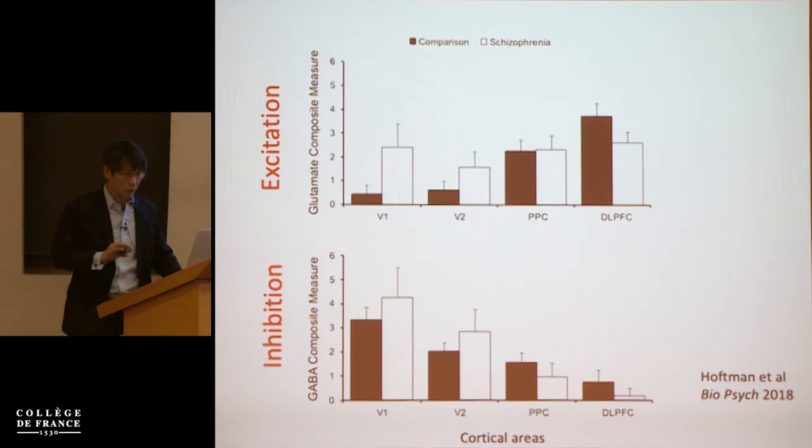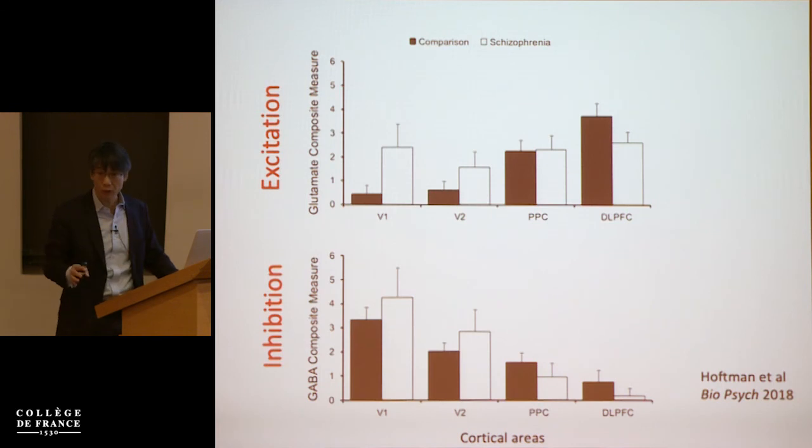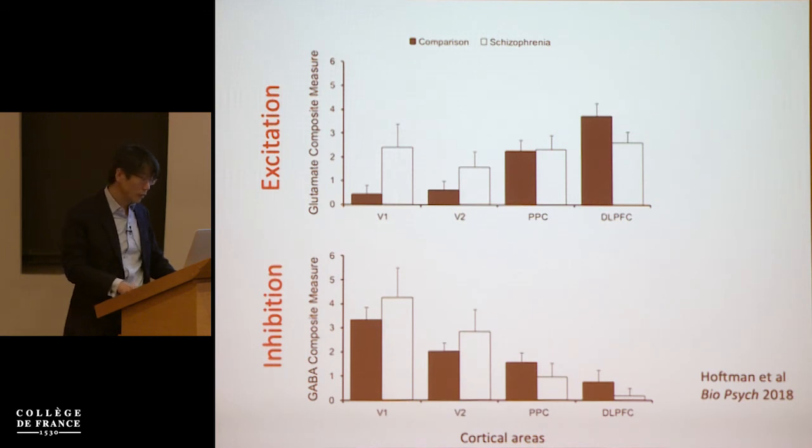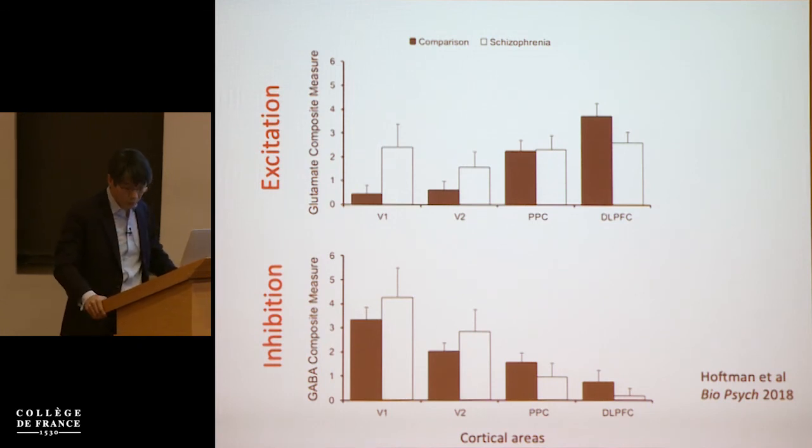So they were not really talking in terms of macroscopic gradients. They only looked at 4 areas, but I think it's quite interesting to think that maybe to some degree the heterogeneity and complexity of cortical areas can be analyzed in a rather simple way if you think in terms of macroscopic gradients.